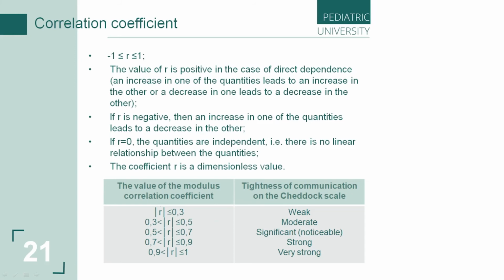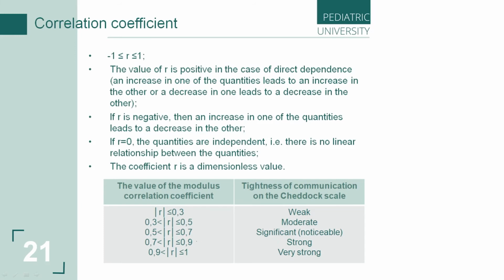If the absolute value of the correlation coefficient is less than 0.3, we can say that the connection is weak. If it is more than 0.3 but less than 0.5, we can say moderate connection. More than 0.5 but less than 0.7, we can say significant, noticeable connection.